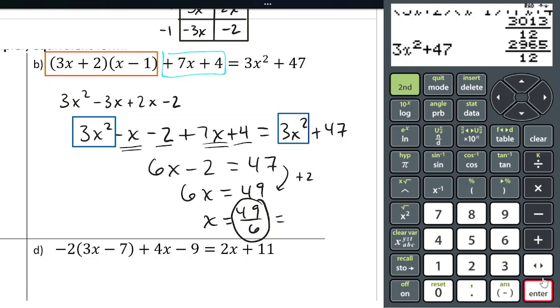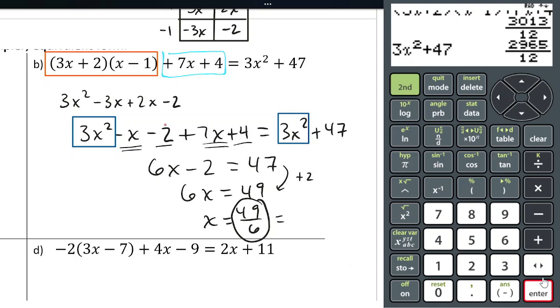So let's start. 3x squared, that's clearly minus 3x plus 2x minus 2, we fixed. And then there's a plus 7x and a plus 4. Oh, I can see it. It's right here. Here's my mistake.